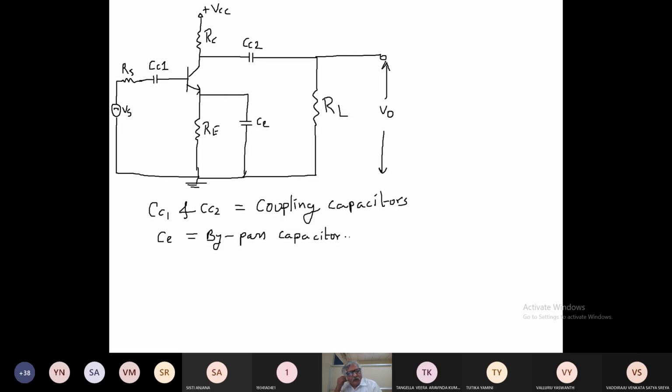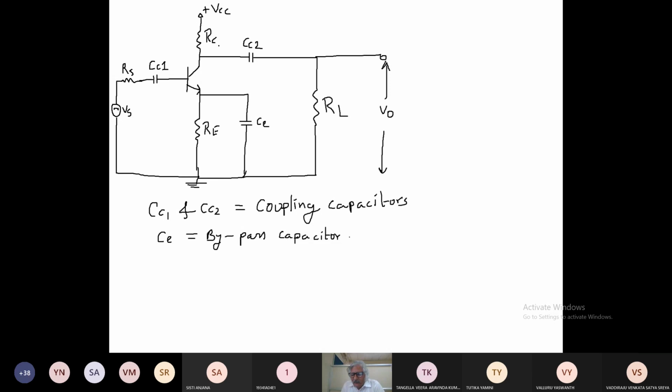Right? So the purpose of coupling capacitors is, see, a coupling capacitor will stop the DC and it passes the AC. So CC1 and CC2 will not allow the DC voltage which is there in this transistor circuit, right? So why have we connected this DC voltage source?